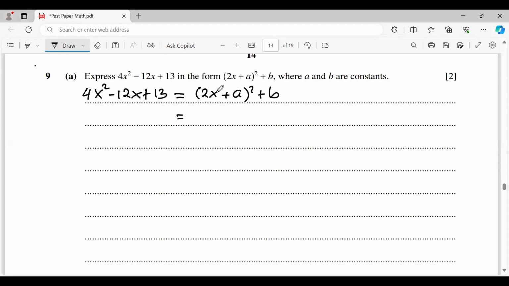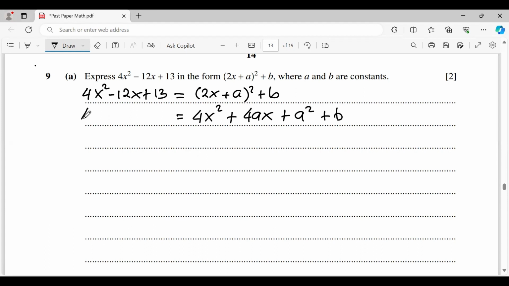I'm going to expand this form. Becomes 4x squared plus 4ax plus a squared plus b.